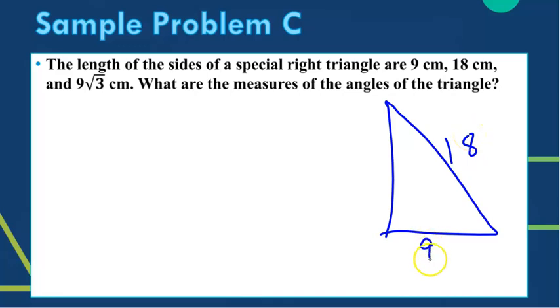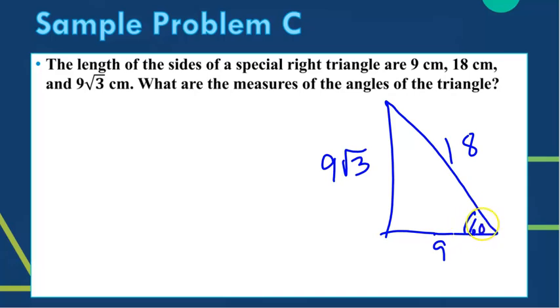This one is the 9 square root of 3. And then this one would be 9. I know it cannot be a 45, 45, 90 triangle because the two legs aren't the same. I do see a square root of 3 in here. So that tells me this has to be a 30, 60, 90 triangle.